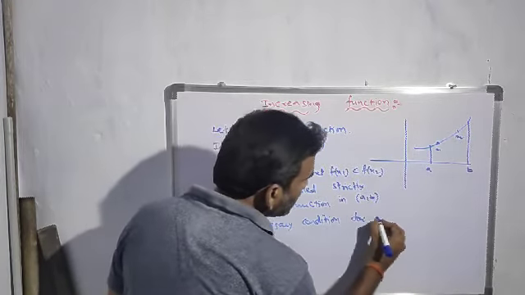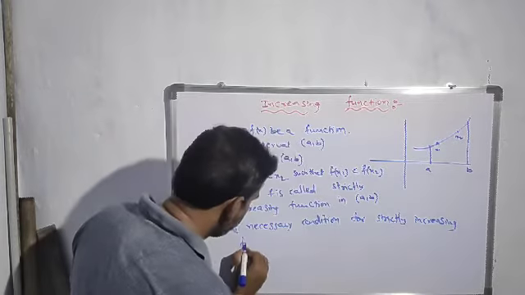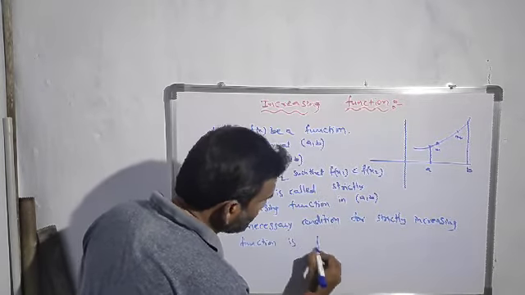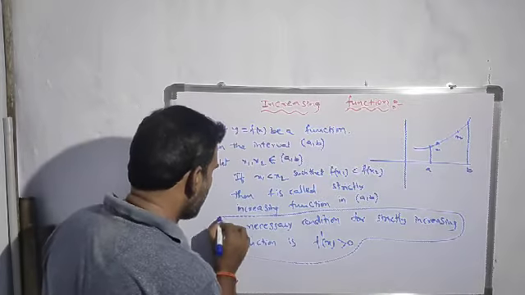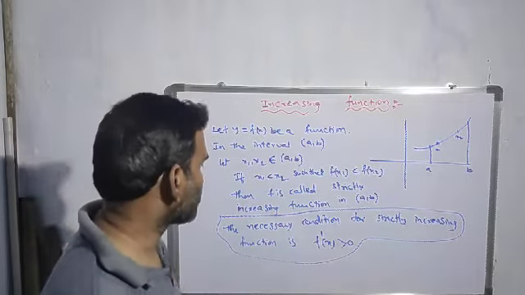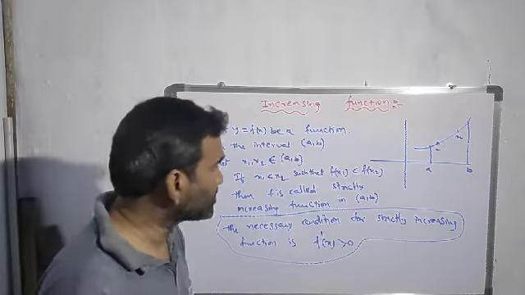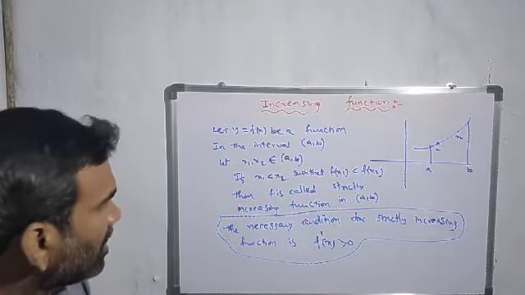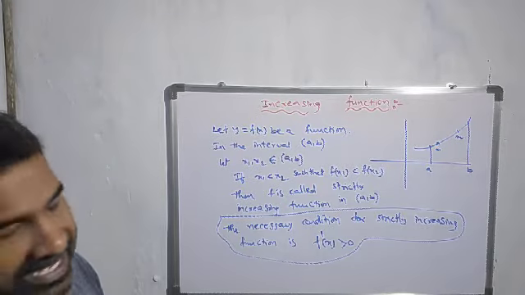The necessary condition for strictly increasing function is f dash of x greater than 0. In the problems we just use this condition. The necessary condition for strictly increasing function is f dash of x greater than 0.